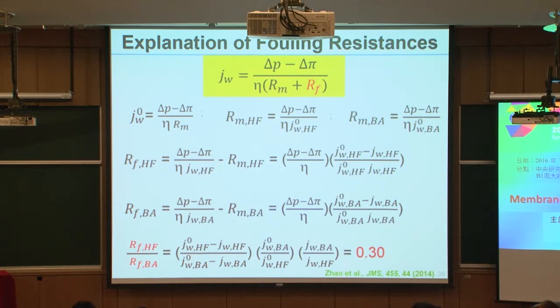But in terms of equation, we can express the flux as proportional to the driving force, which is the applied pressure subtract the osmotic pressure, okay? And then divided by the solution viscosity and the sum of resistances going through the membrane. One is the membrane's own resistance for the water to go through. Another resistance comes from the fouling.